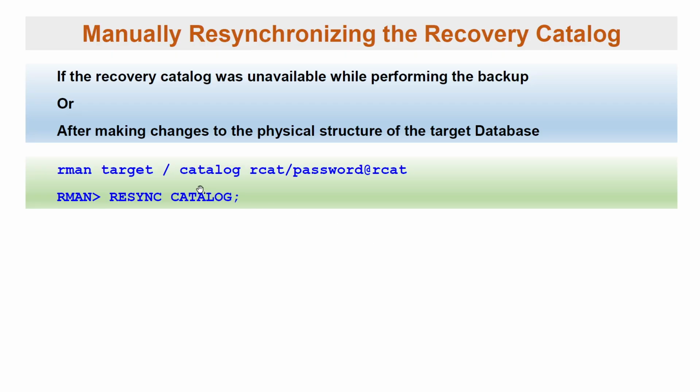Then you can connect to the catalog at a later point in time and say resync catalog, which will update the backup information, the repository data in the control file, to the recovery catalog. So when the catalog database was not available for some reason and you took the backup, and you want to make sure that backup gets updated in the catalog, you will say resync catalog.